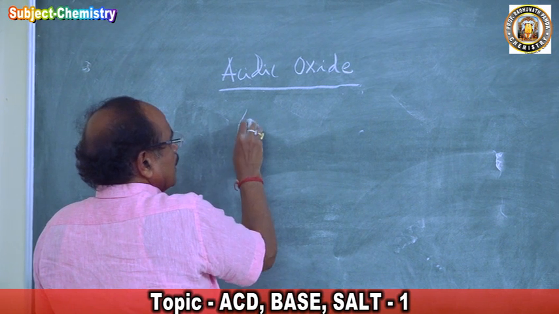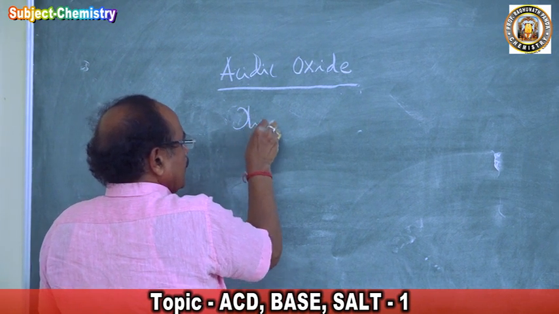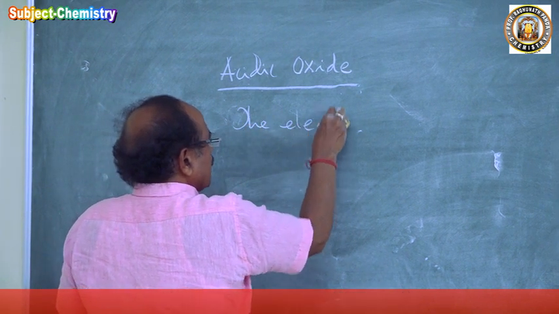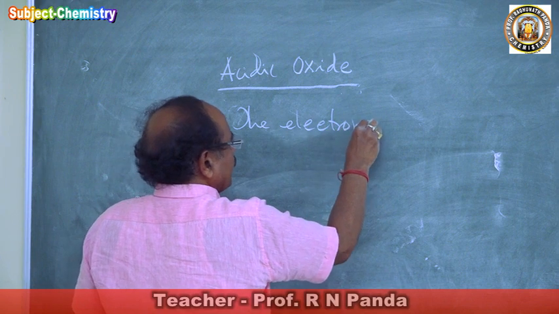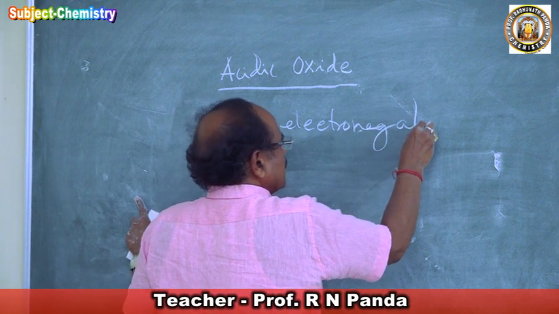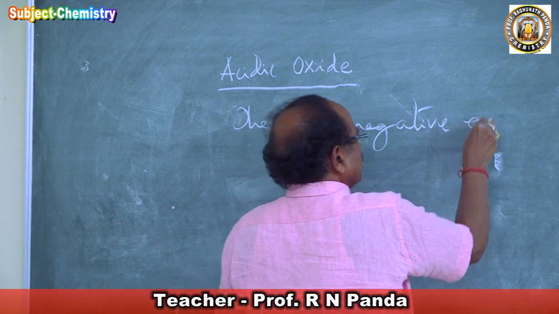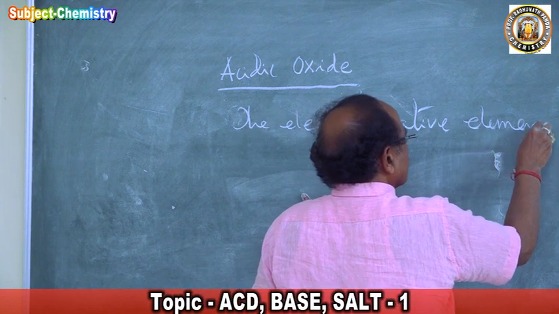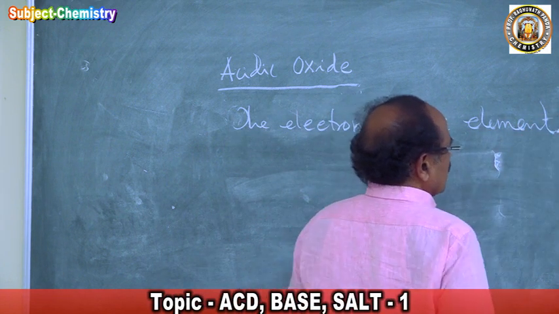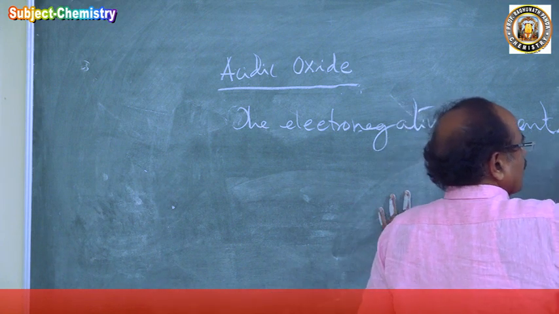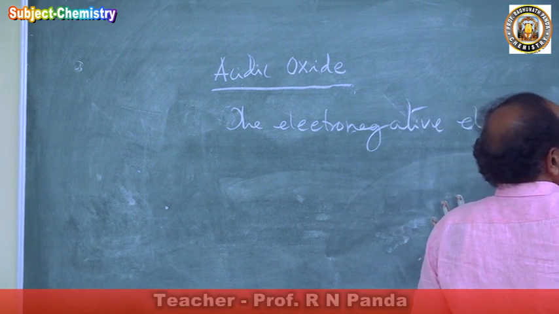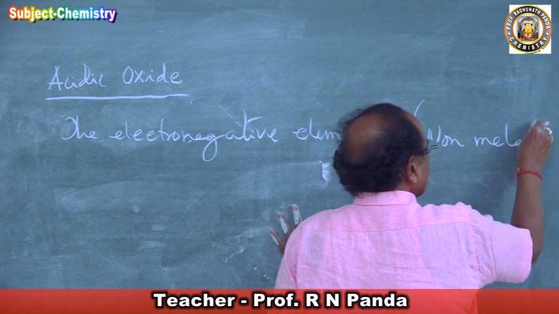All the electronegative elements, who are they? They are also called nonmetals. They have a tendency to gain electrons.